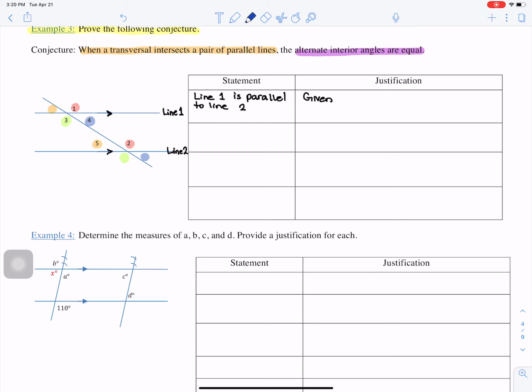So I have 4 colors in my diagram, 4 that lie with line 1 and the transversal, and 4 that lie with line 2 and the transversal. Now because I already know that line 1 is parallel to line 2, I'm going to say angle number 1 is equal to angle number 2.